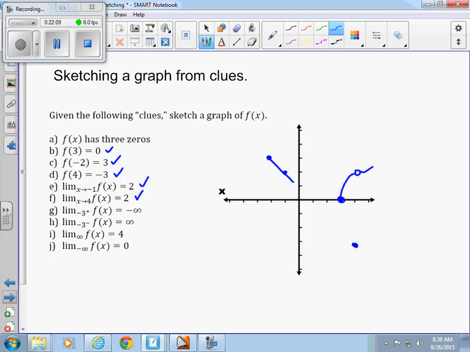So at -3, I'm going to go ahead and draw a little dotted vertical asymptote. From the right side, it's approaching -infinity, right? So I'm going to turn that down. From the left, it's approaching positive infinity. I don't know what I want to do over here yet, so I'll just leave that arrow there.